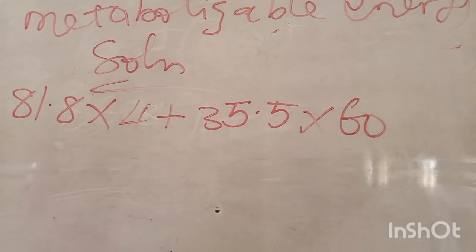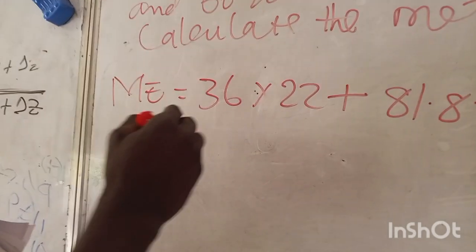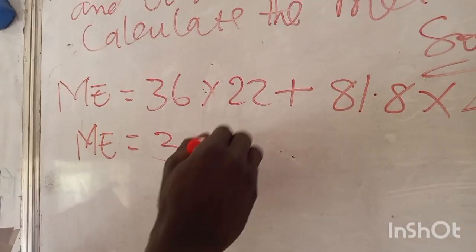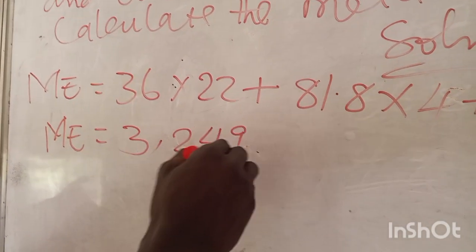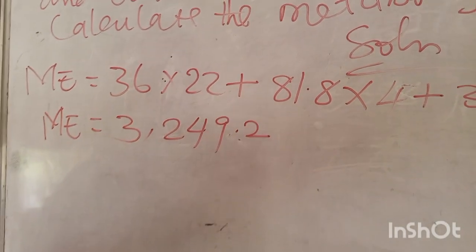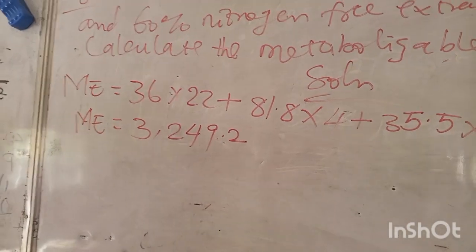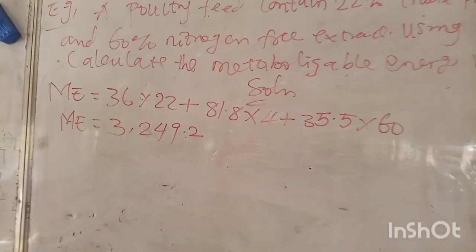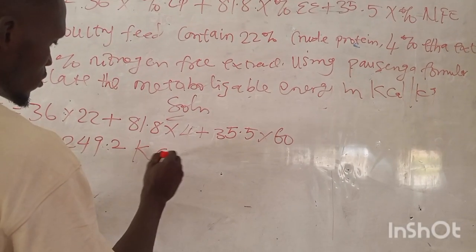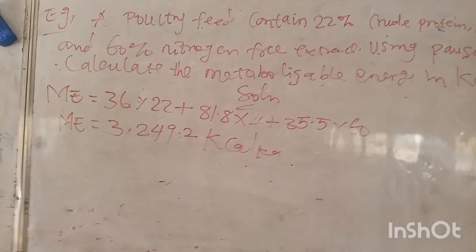So the total value here is 3,249.2. So this is the total energy value. Sorry, this should be in kcal/kg. So this is the total energy value here.